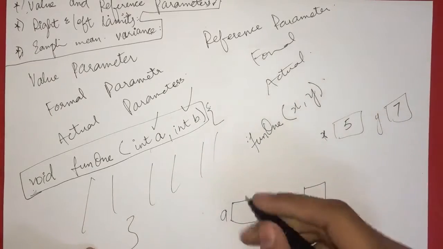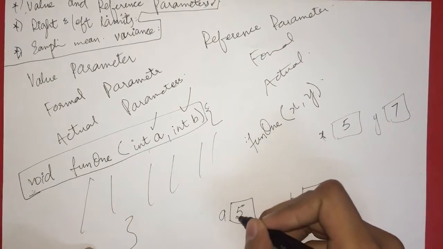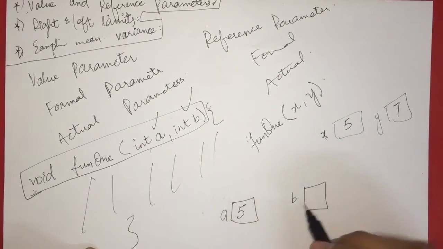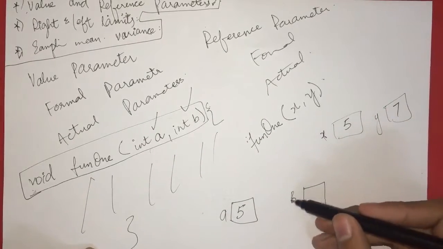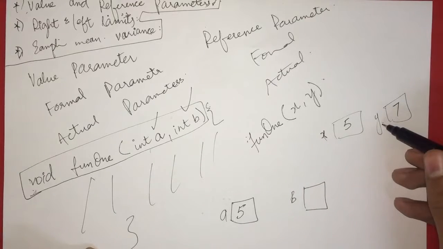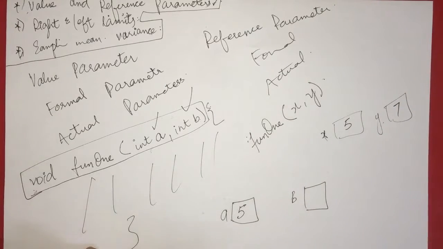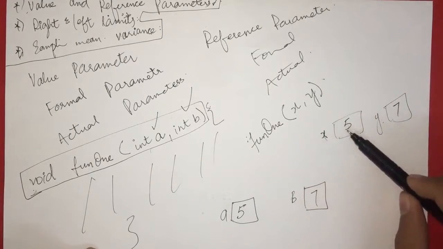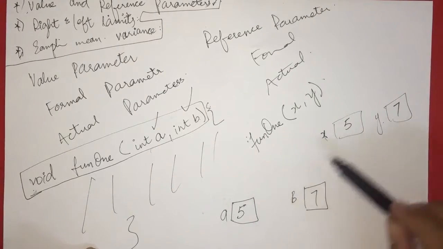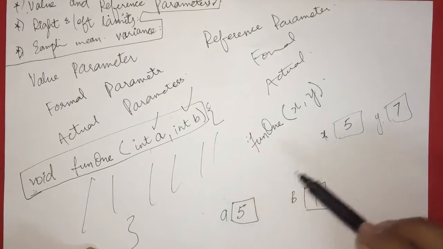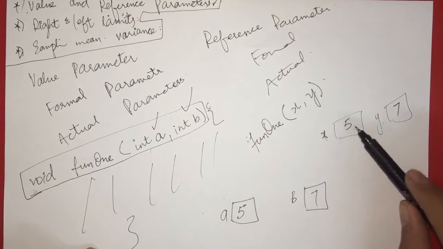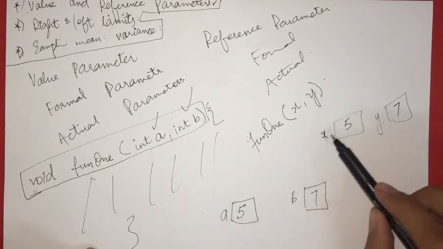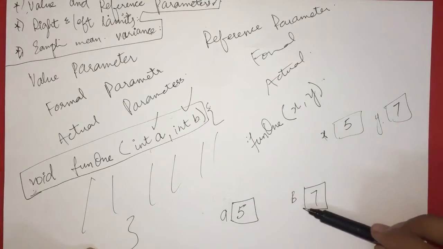So a will also contain 5 in its memory location, and b will contain the corresponding actual parameter's value, that is 7. So now you have two memory locations with 5 and two memory locations with 7.